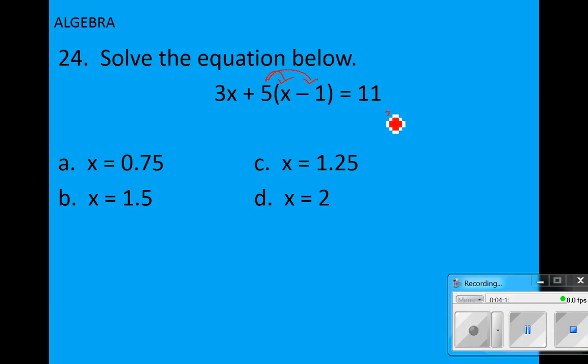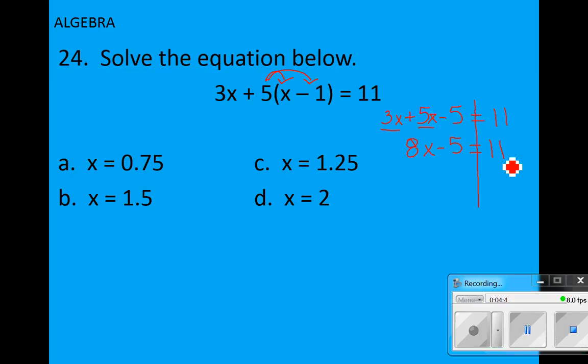So I have 3x plus 5x minus 5 equals 11. Then I can draw my equals line down the equal sign. I can look for any term that I can collect, which is going to be the 3x plus the 5x. 8x minus 5 equals 11.